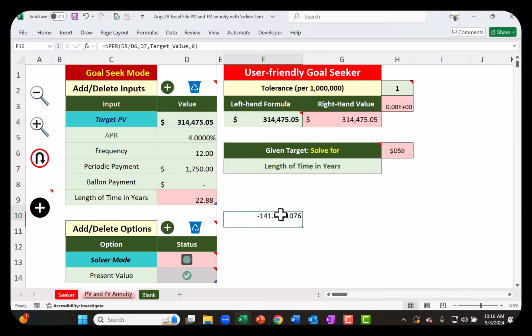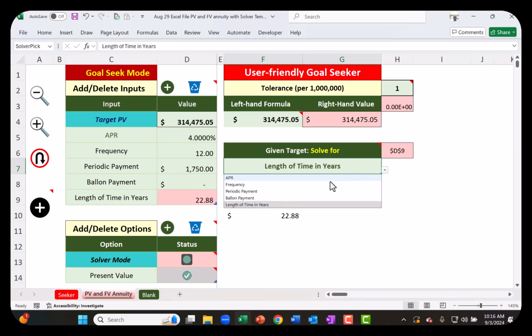Yeah, no, didn't do it right. Divided by 12. Okay. So the payments, whether it's periodic or balloon, they should have a negative sign for the NPER and RATE functions. Present value should have a positive sign.